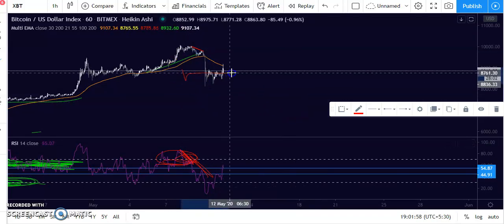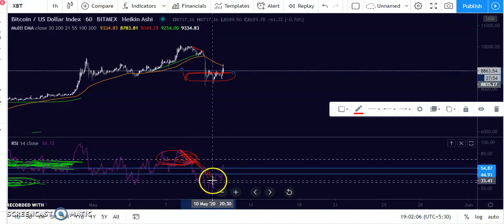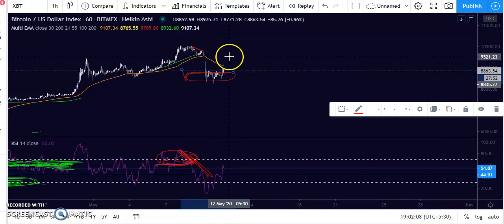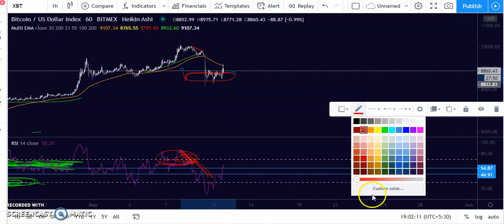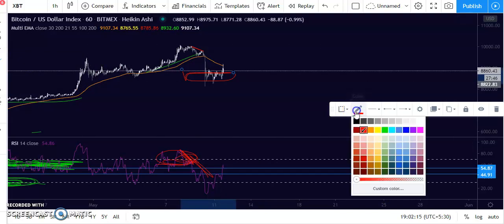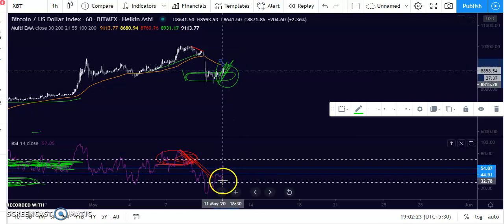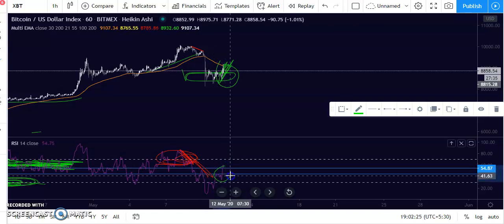The price is in the red zone for two reasons. One, it is below this 200-day moving average, and the RSI is below 45. Now wait. Now what happened? We saw a spike here, and we saw a spike here also.